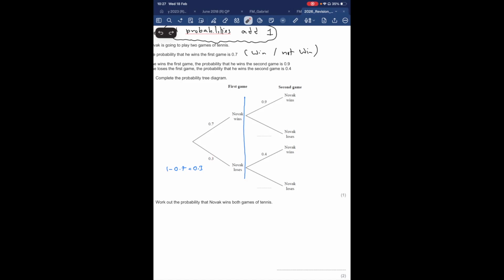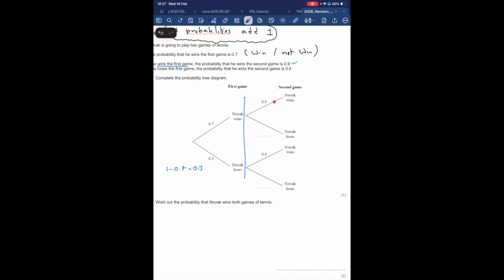In a similar way, we can look at the first conditional statement. We're told that if we follow the first branch where he wins the first game, we're basically following this top branch. We then get to this node. Now, everything that happens from here is for the second game.